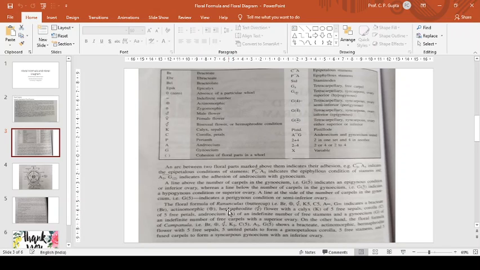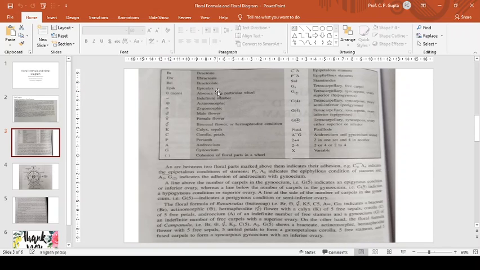The floral formula of Ranunculus, commonly known as buttercup. Before this, we go to the table. BR is for bracteate. EBR is for ebracteate when bract is absent. BRL when bracteole is present.